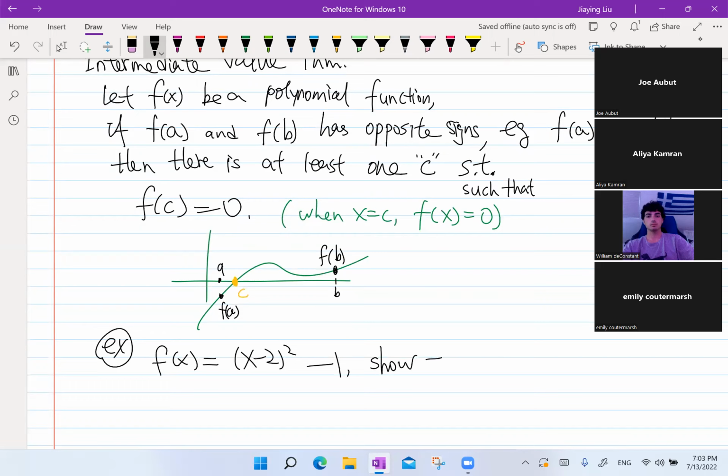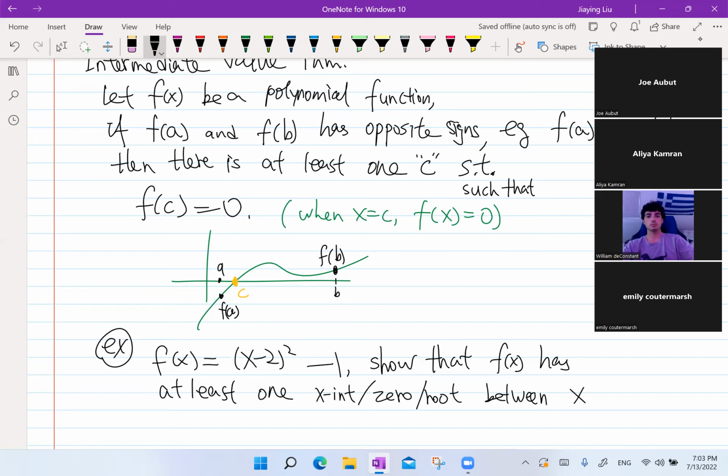Show that f of x has at least one x-intercept, or 0, or root between x equals 2 and x equals 5.